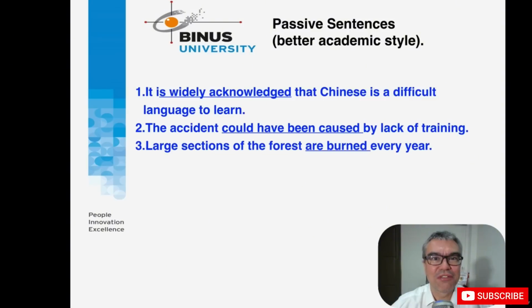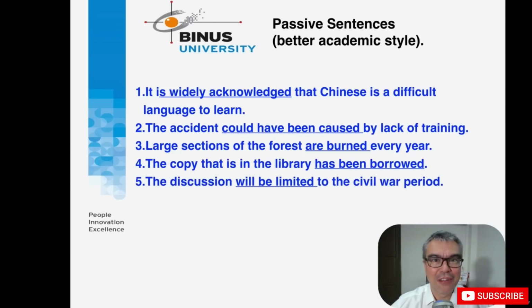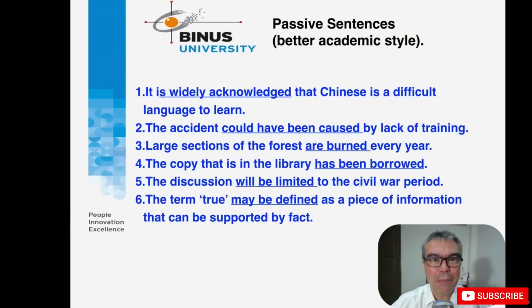Large sections of the forest are burned every year. Number 4. The copy that is in the library has been borrowed. Number 5. The discussion will be limited to the Civil War period. Number 6. The term true can be defined as a piece of information that is supported by the facts.